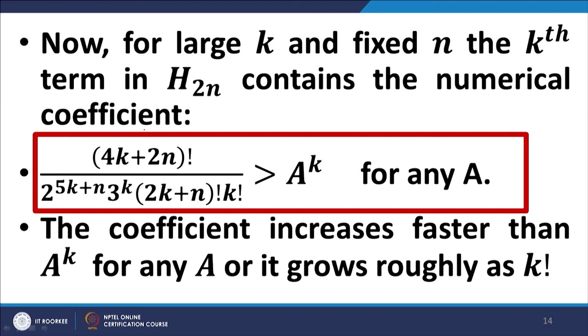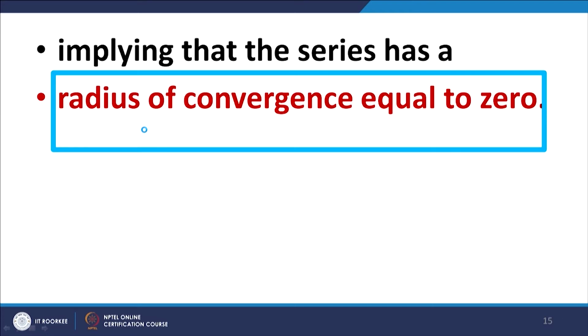The increase is of the order of k factorial, which is what we call super exponential. So, clearly the series is diverging, and the radius of convergence of the series is 0.